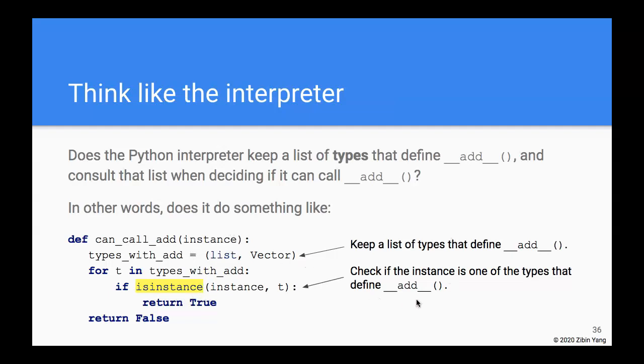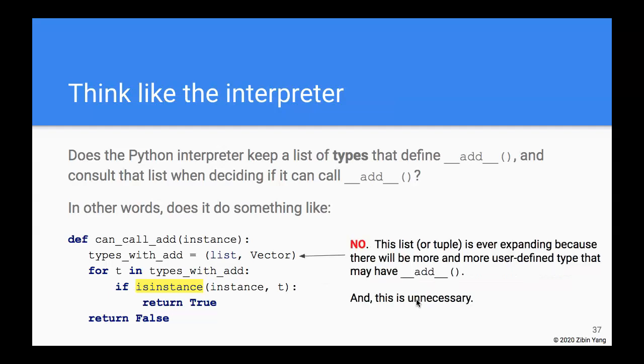So the question is, is this a good approach? Well, since it took me so much time to explain that, the answer is probably no. This approach is not good, and the main reason is that the list of types that define the __add__ method is probably pretty long, and it's also going to keep changing because we're probably going to define more and more types over time that define the __add__ method.